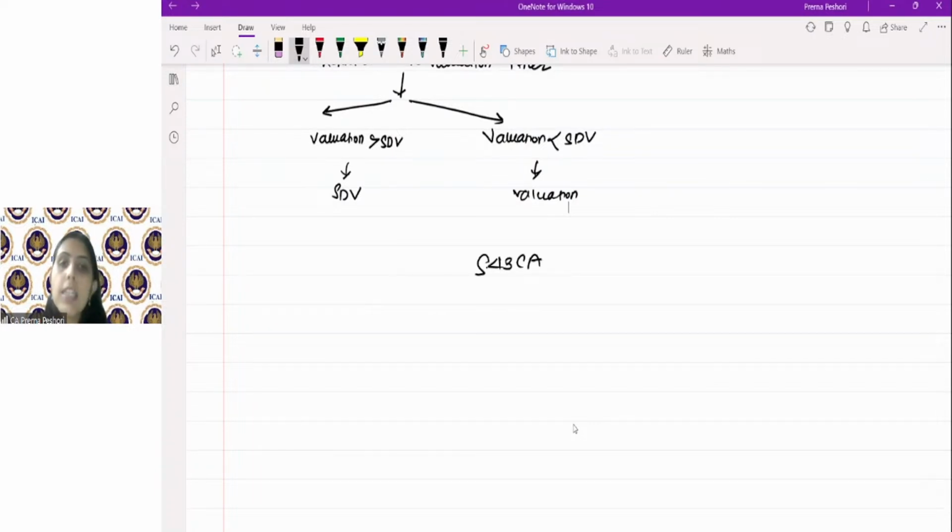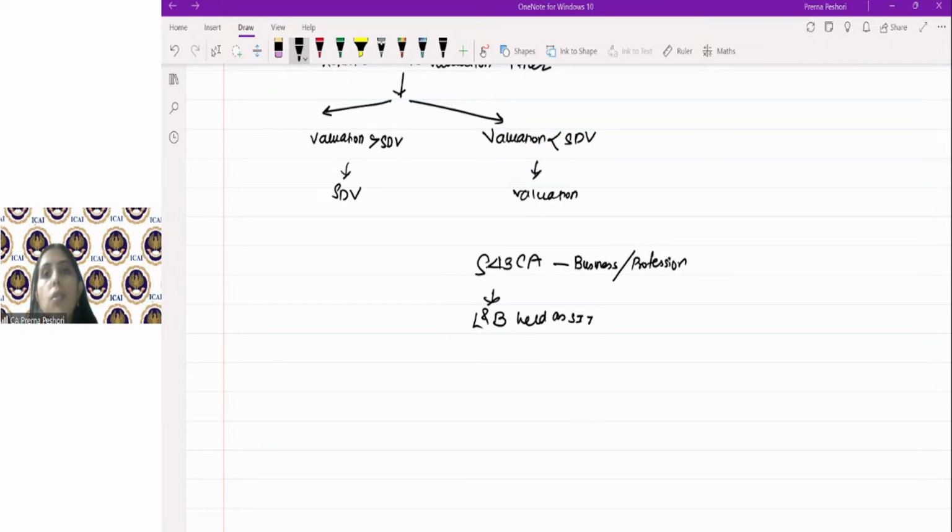Section 43CA is again for land or building. This is under your business or profession, where land or building is held as stock in trade.